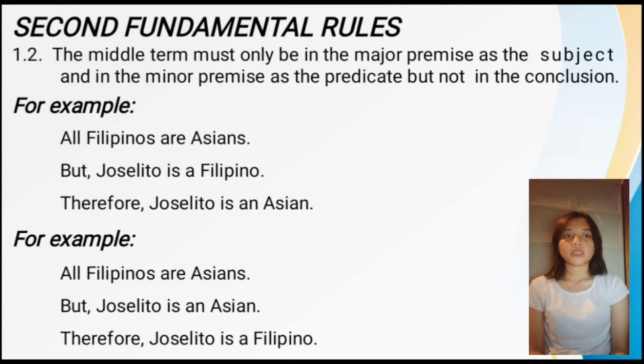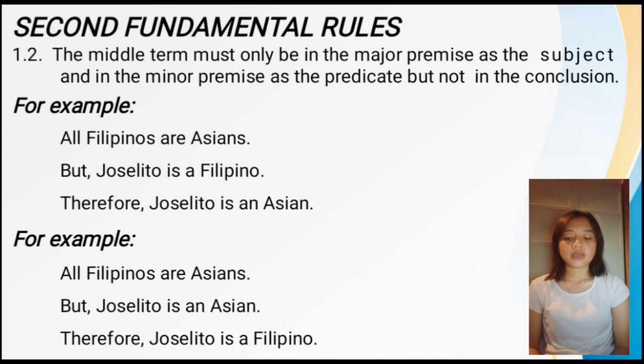The middle term must only be in the major premise as the subject and in the minor premise as the predicate, but not in the conclusion. For example, all Filipinos are Asian but Joselito is a Filipino. Therefore, Joselito is an Asian. So, sa binigay na example, ang middle term is ang Filipino.